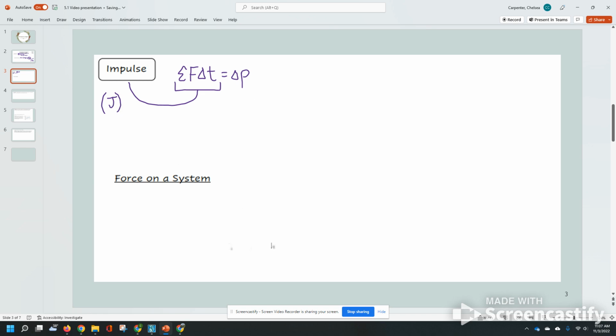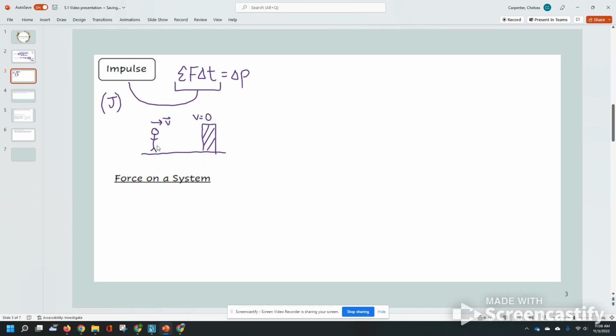So the idea of impulse, let's say that you are running, okay? So you have mass, you have some velocity, and you run into a barrier, okay? So if you run into a brick wall, you're going to be going with some velocity, and then you're going to stop.